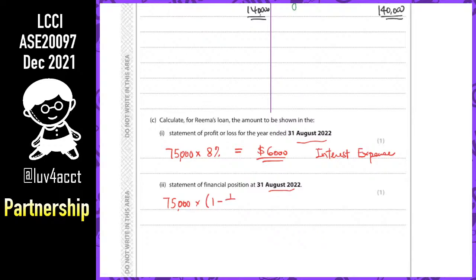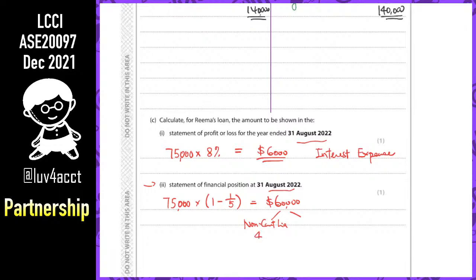So 1 minus 1/5, 5 equal installments, of 75,000 will be equal to 60,000. But this one I would be more careful. This part I do not like how it is asked, because I should do something like this. We have non-current liability.